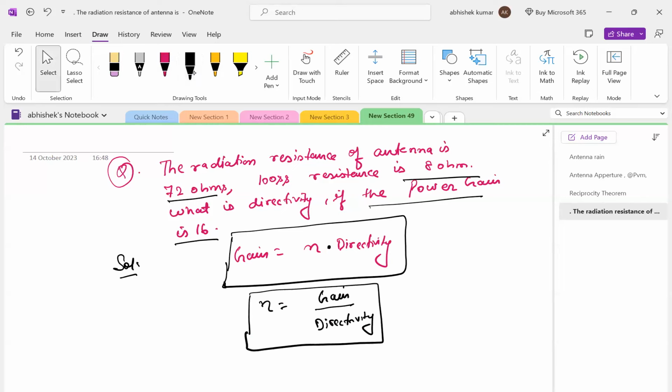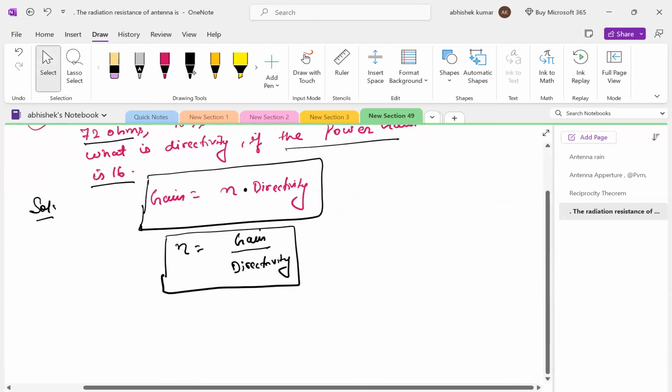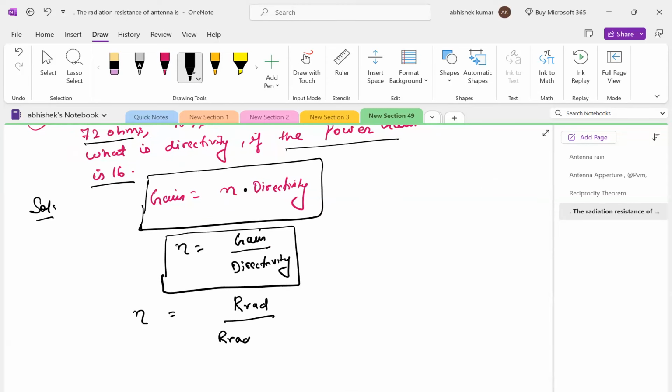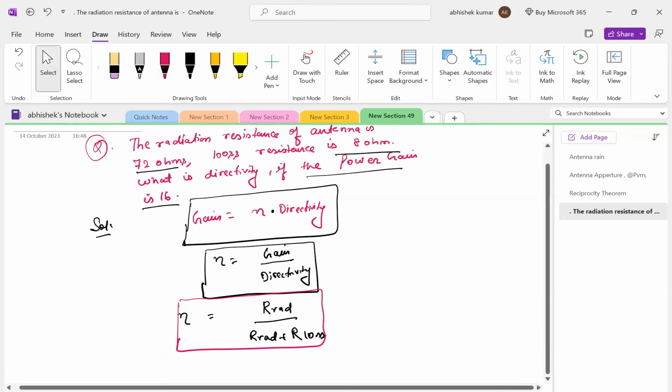Now I'm giving you another formula. Efficiency of antenna is calculated as R radiation divided by R radiation plus R loss. Now you try to solve this. Can you answer these questions?